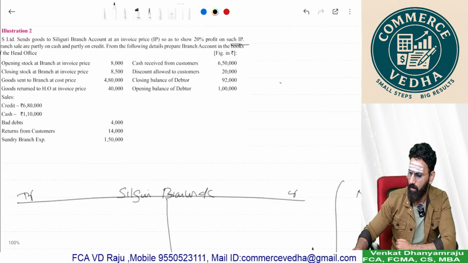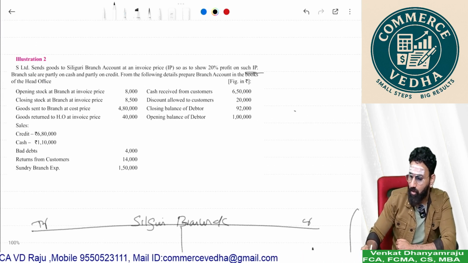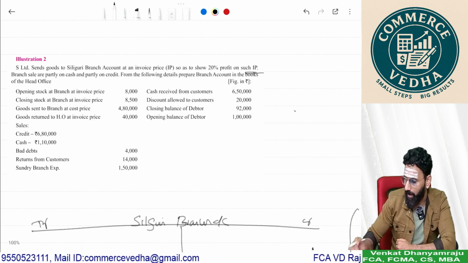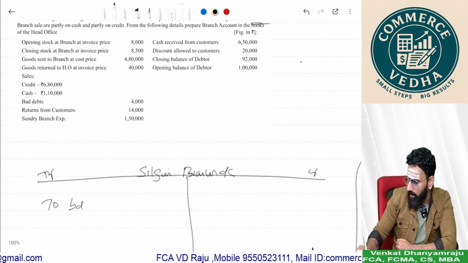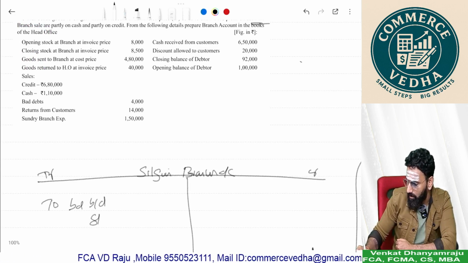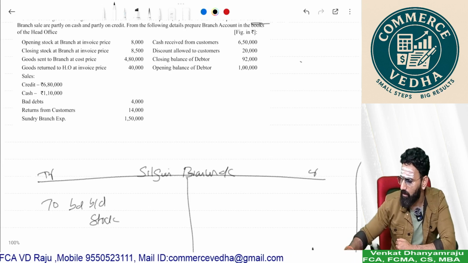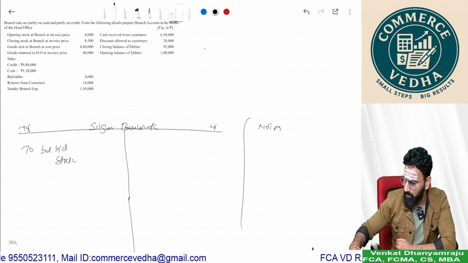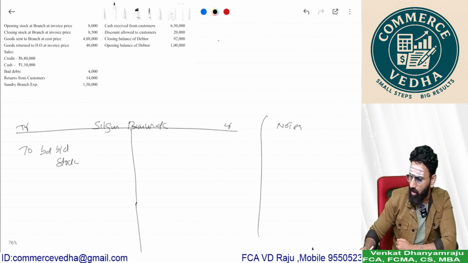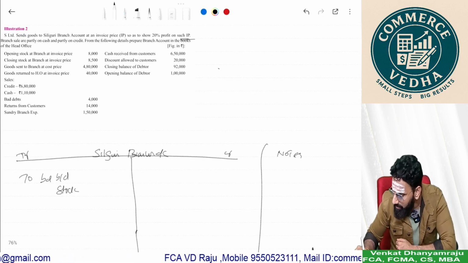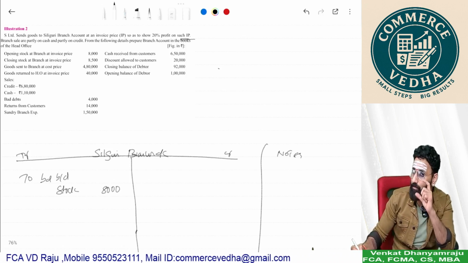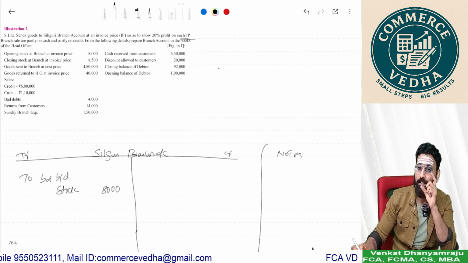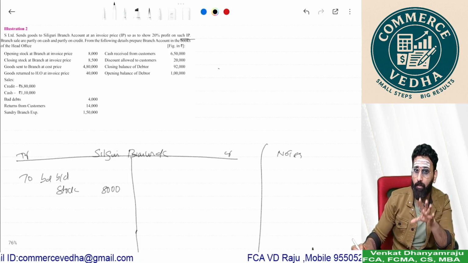Right. So here it says opening stock of the branch at invoice price. So I'm recording here to balance brought down stock at invoice price, which is 8,000. Whenever I record stock at invoice price, I should understand that there is an element of profit included.